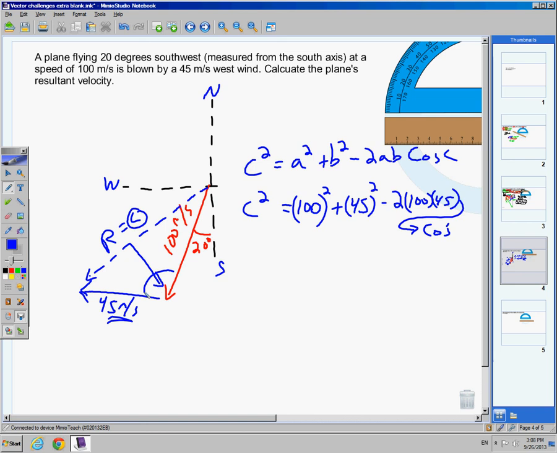And so let's see here, if we had 20 degrees, see, this is where the diagram would come in handy because I could just measure the angle.